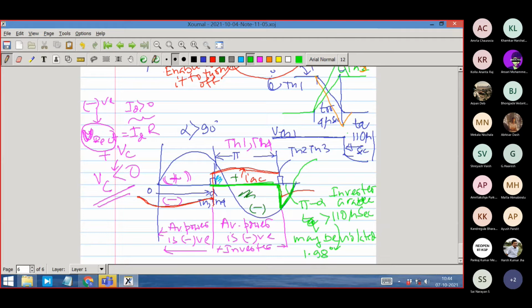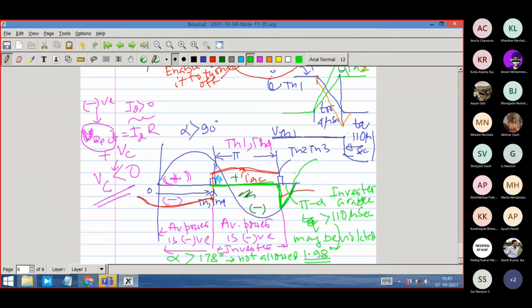So in this case, the requirement is that I cannot go beyond about 178 degrees, subtracting about 2 degrees, for the firing angle alpha. Greater than that is not allowed. Are you getting the point I'm making? Because the negative voltage duration is so small.